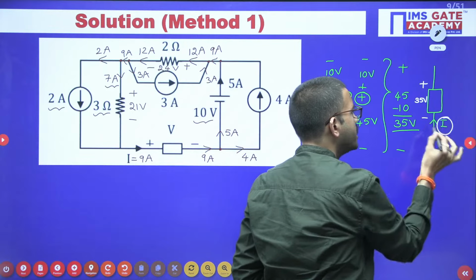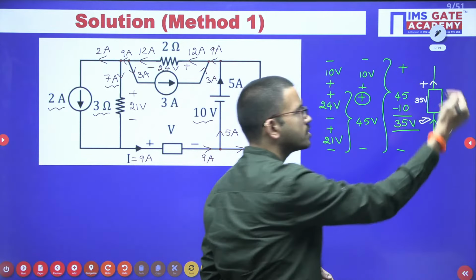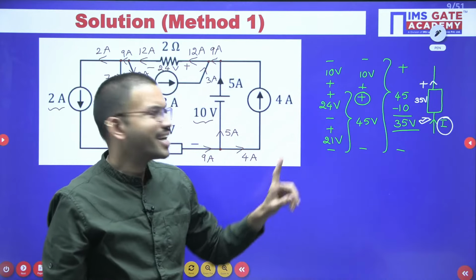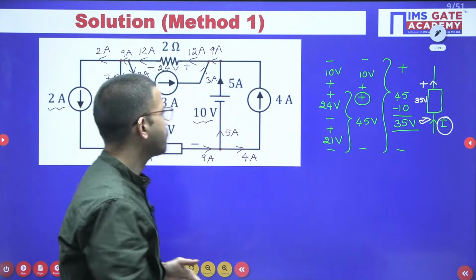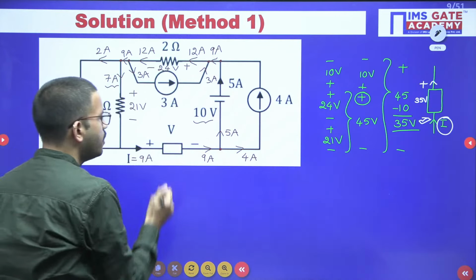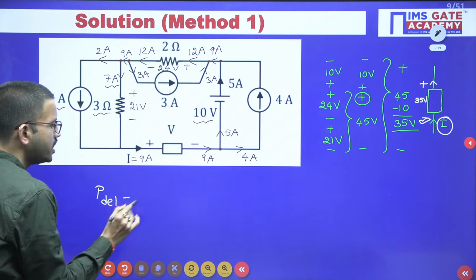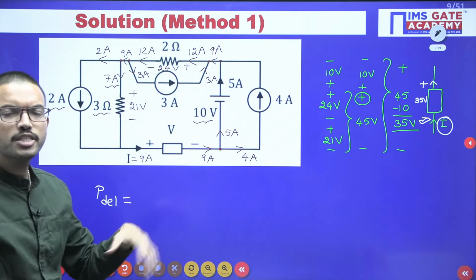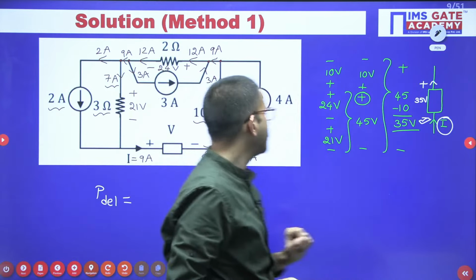Current enters at negative terminal or current leaves from positive terminal. Both are same. Whenever current enters at negative terminal, obviously it is delivering. So that means whatever the given element is there, that actually delivers the power. How much power it is going to deliver? Whatever the voltage you are having, whatever the current you are having.